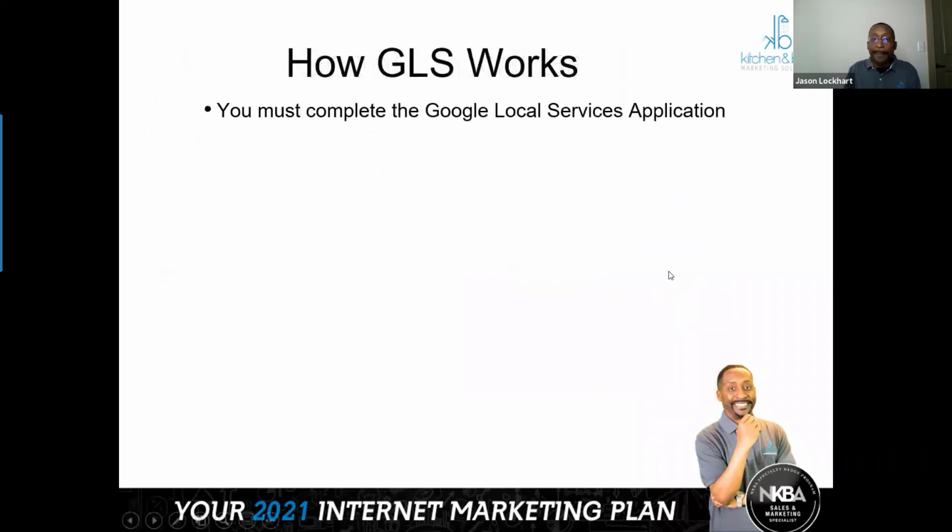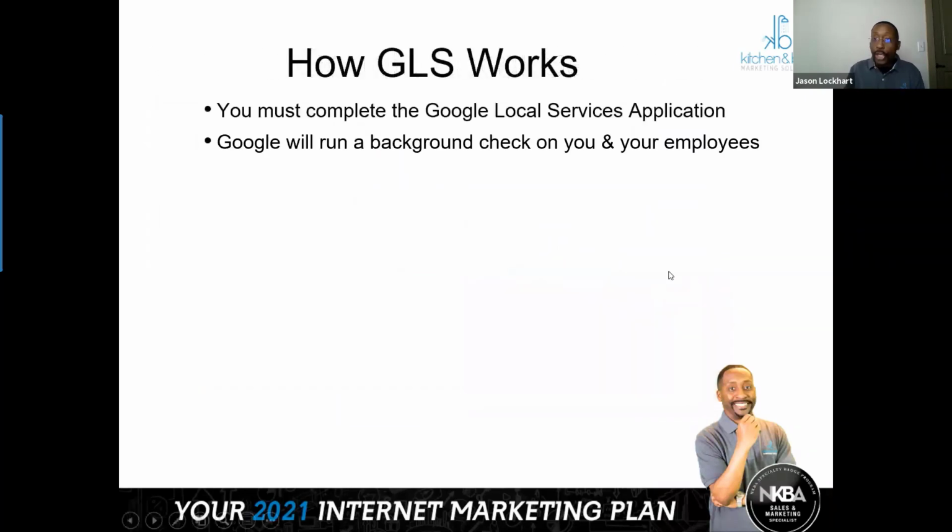What actually happens here is you have to fill out an application, and Google is going to run a background check on the owner and any of the employees that are client facing, any of your employees that interact with the client. So if you go into a client's home, Google will run a background check on all of those employees and the owner, because they want to make sure none of them have a criminal history.